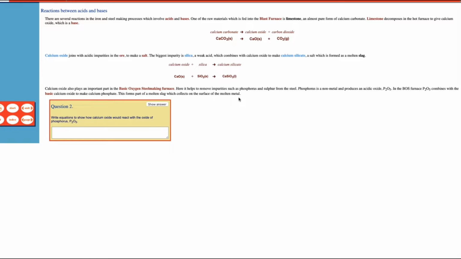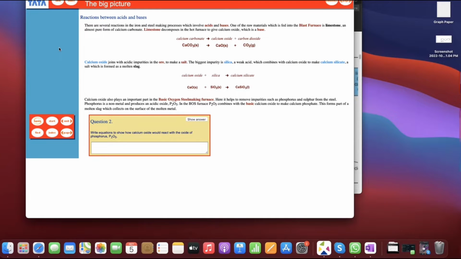So we get the idea already. The usage of calcium oxide in steel making is to react with the impurities, acidic impurities especially. Which means calcium oxide acts as a base.